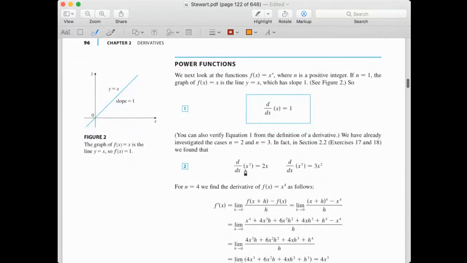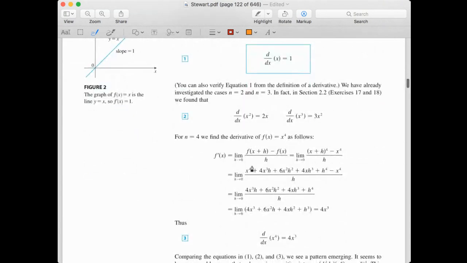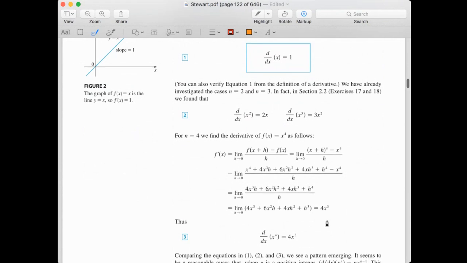I have derivative of x squared equals 2x. So I think Alejandra was talking about the shortcut. This is the shortcut, all right, a quick way. Taking the derivative of x squared, we get 2x. Derivative of x cubed, 3x squared. We can go through this quotient formula by definition.